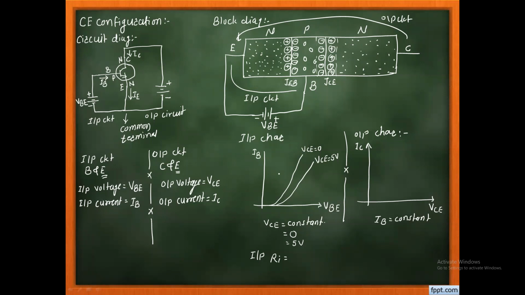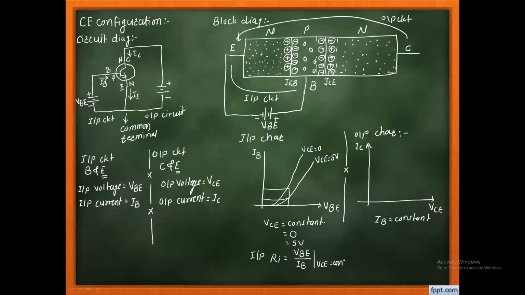Because in common base the graph was tilted this way, meaning the current was increasing. Now in common emitter the graph tilts this way, meaning for the same value of input voltage the current will be reduced. That resistance we can calculate using Ohm's law: input circuit voltage divided by input circuit current, for a constant value of output circuit voltage VCE.